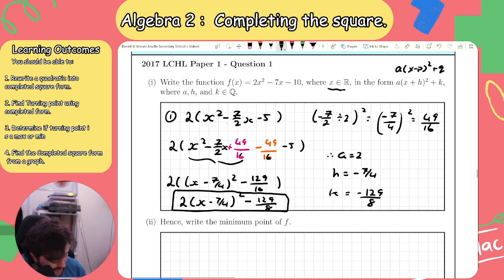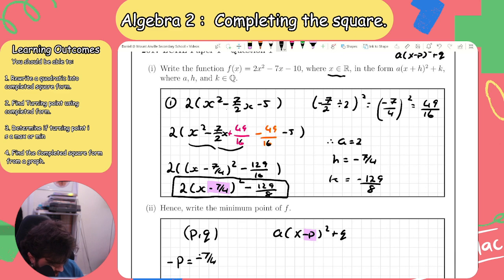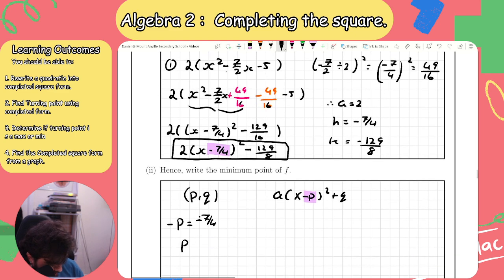Right. Hence, write the minimum point of the function. So remember, P, Q is my point here. A times (x minus p) all squared plus q. So minus p is equal to minus 7 over 4, so p is going to be equal to 7 over 4.